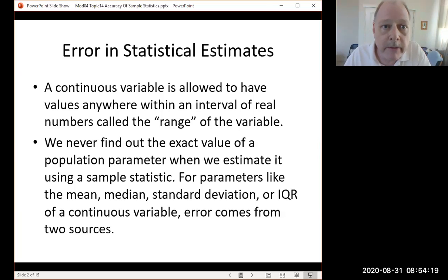The variable that we measure about each student might be the temperature of the student. We might be trying to estimate a parameter like the mean or the median of the temperatures of all the students in the population, that is, all the City College students.